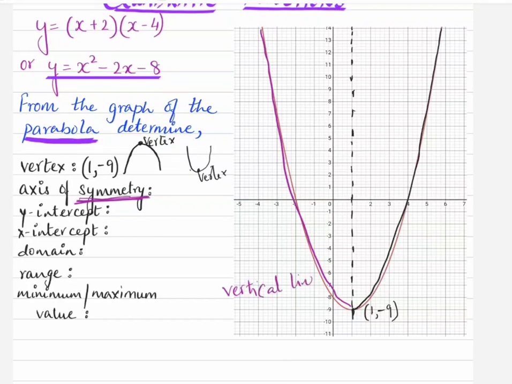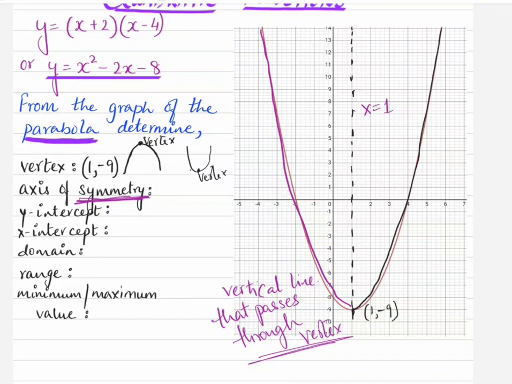So a vertical line that passes through the vertex, right? And when they are asking for the axis of symmetry, they are asking for the equation of that line. So the equation of the black line that I have drawn is x equals 1.